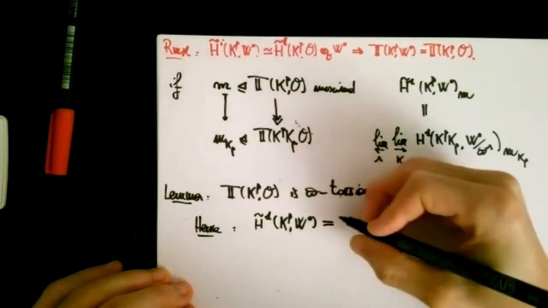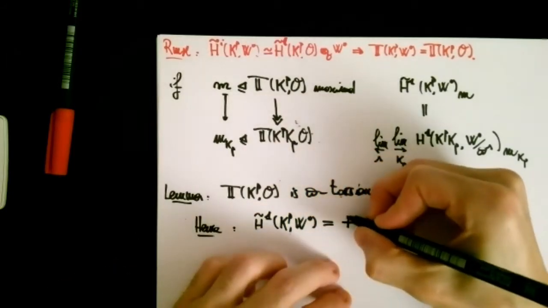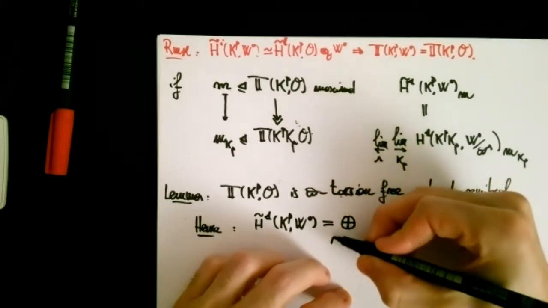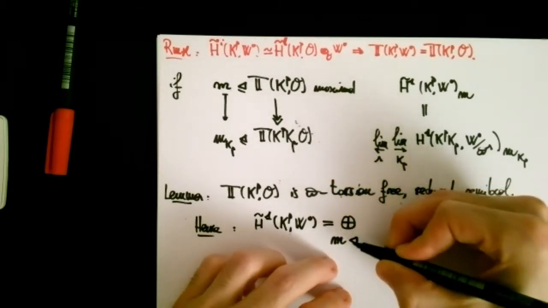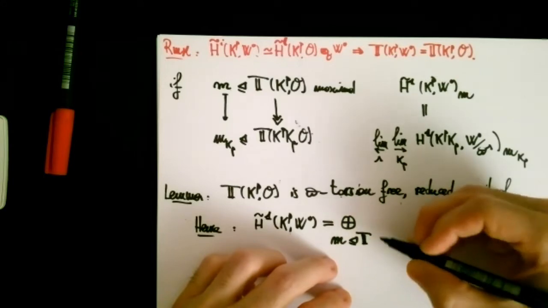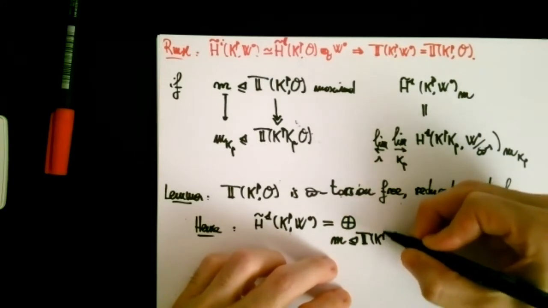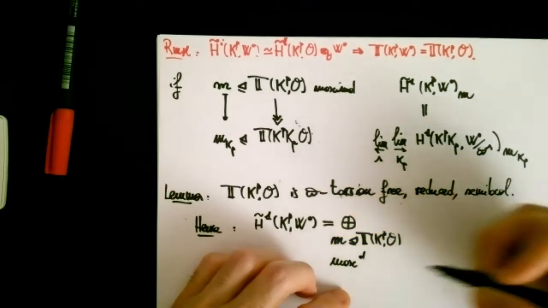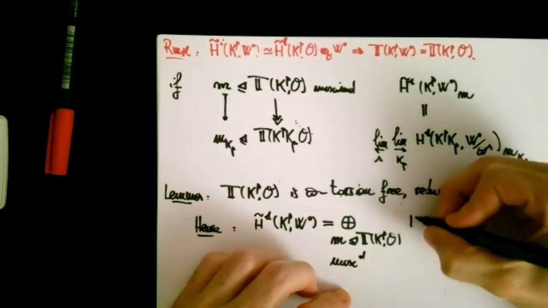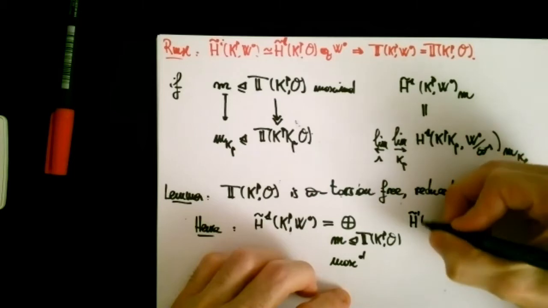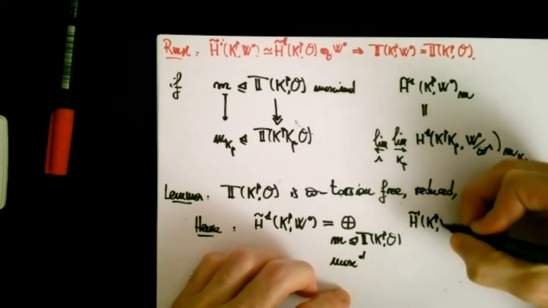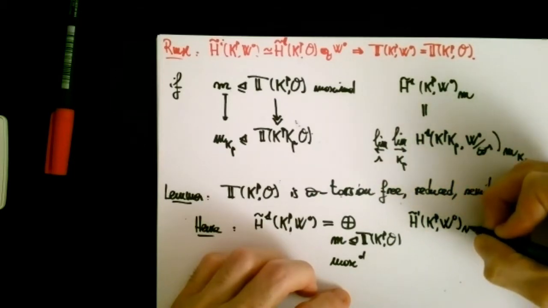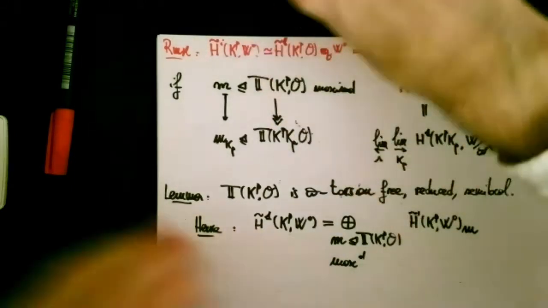This can be chopped up into a finite direct sum over maximal ideals M of the localizations H tilde 1 K^P W naught localized at M, and this is a finite sum.